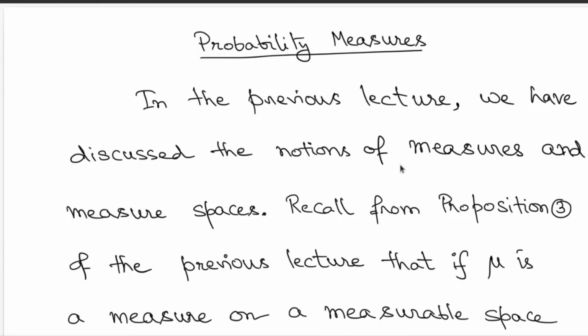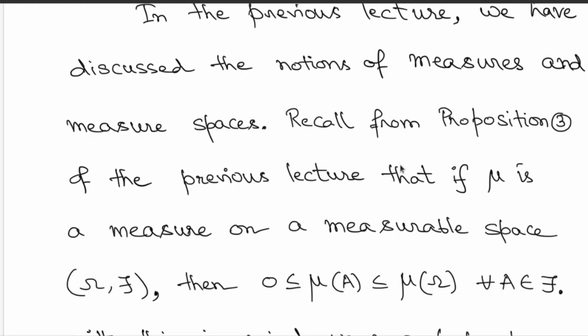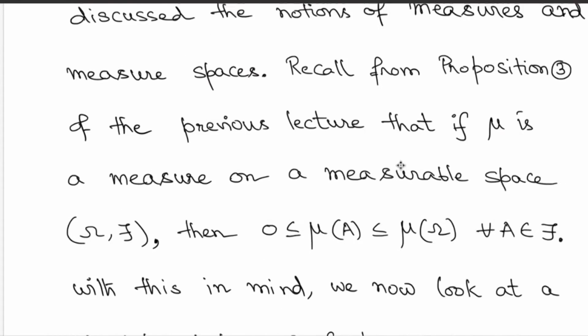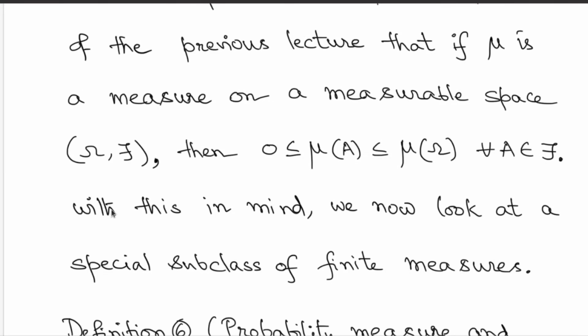So in the previous lectures, these notions of measures and measure spaces were discussed. Now let's recall this important property that we proved almost at the end of the last lecture. If mu is a measure on a measurable space, then you pick up any set A from your sigma field and look at the size of that.